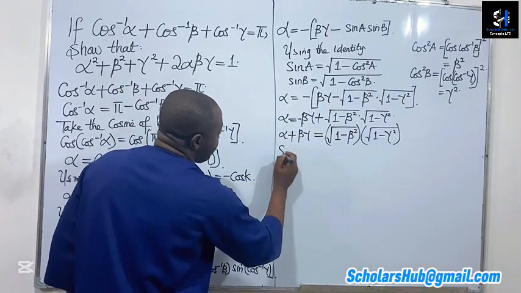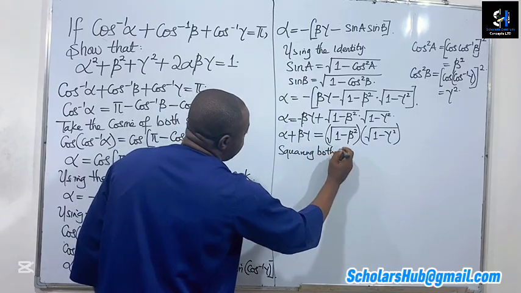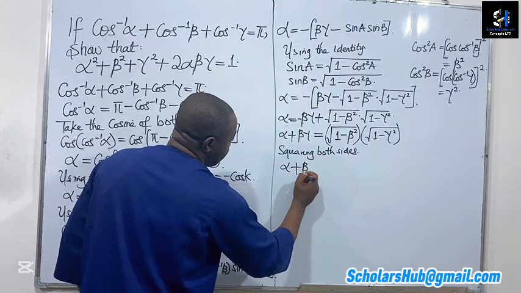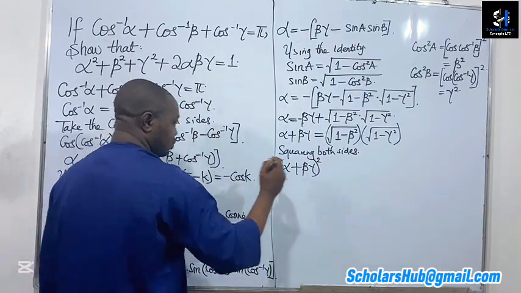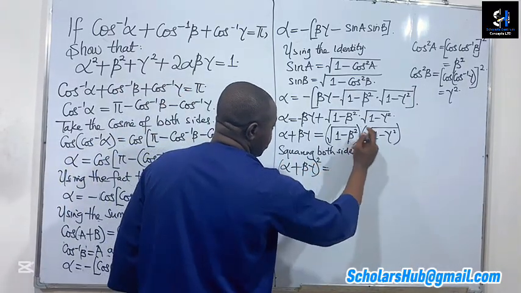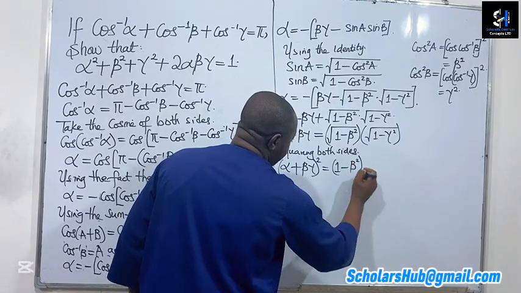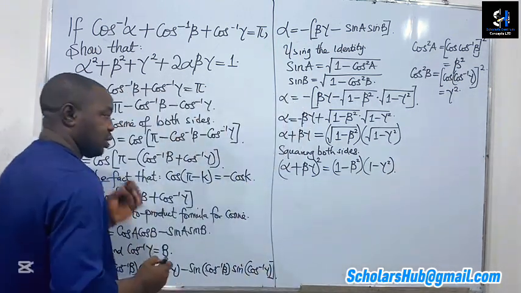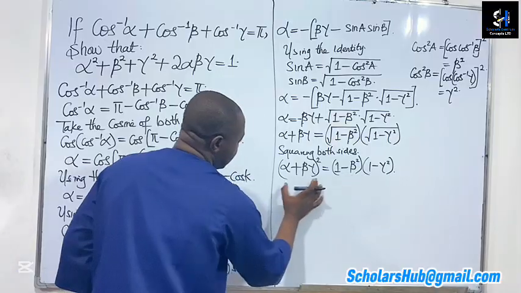Now, by squaring both sides, this will be alpha plus beta gamma raised to the power of 2 equals, if you square this, this will reduce to 1 minus beta squared multiplied by 1 minus gamma squared. So I can now expand the right hand side and the left hand side.